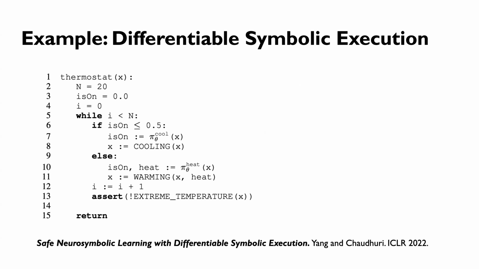Now, one example of this is here. You have a very basic neurosymbolic program, which is a controller for a thermostat combined with the model of the environment. The thermostat has these two modes, on or off, and it's just a discrete switch.